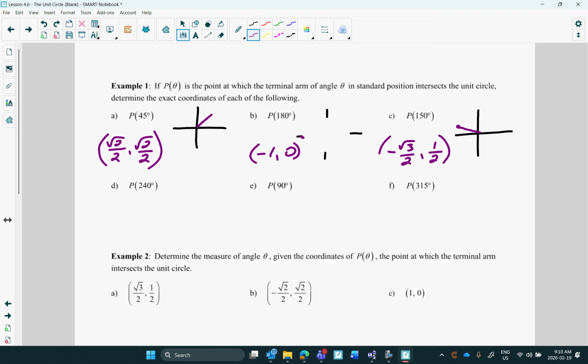240. Let's do that one. That's the family of 60 degrees because it goes like this. -1 over 2. And then negative root 3 over 2.